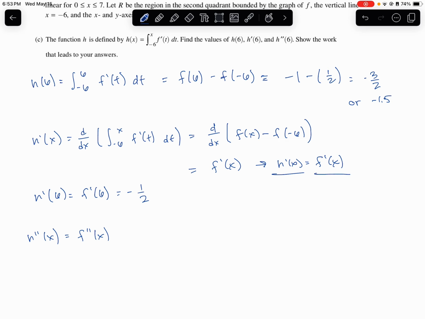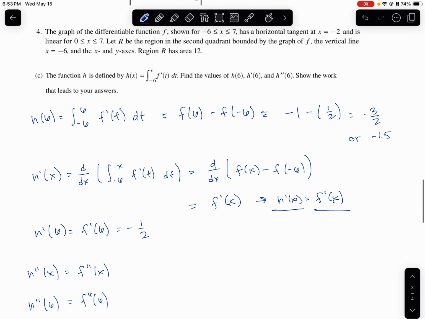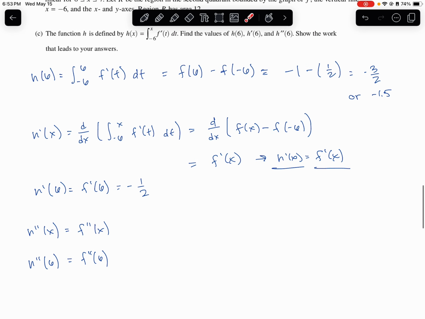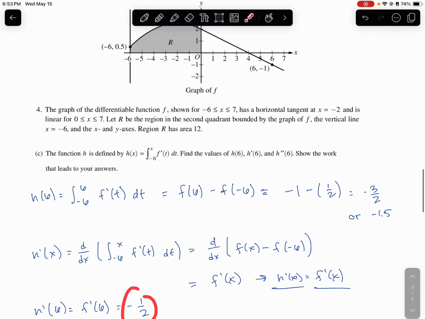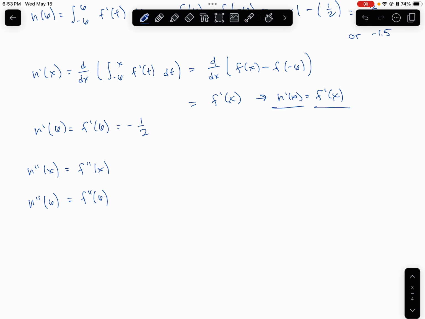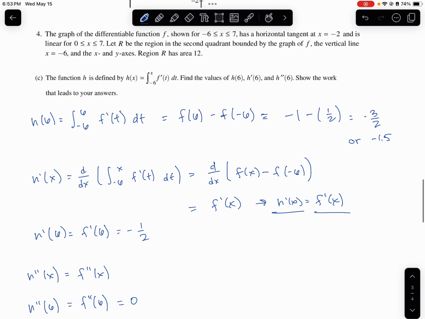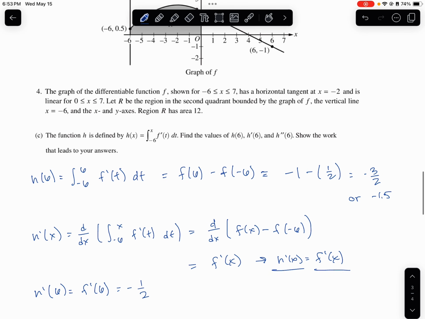So h double prime of 6 should be equal to f double prime of 6, and since f prime is constant at this point, the second derivative will just be 0. So this right here would be equal to 0. Okay, a lot of work for that one, but I think we covered everything. Okay, that's question 4.